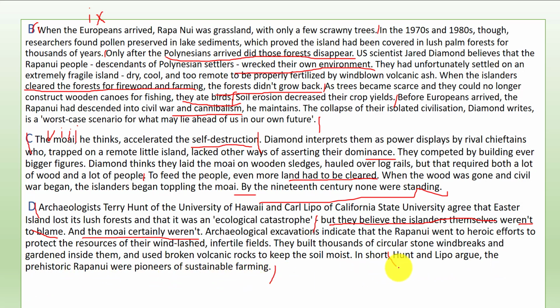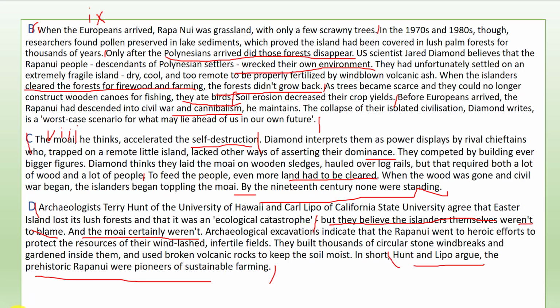As you see, there is a concluding sentence in this paragraph: sustainable farming. Okay, and in the previous sentence, we have something about the Rapanui people's endeavor to help the island, to help continue to have forests or life on their island.